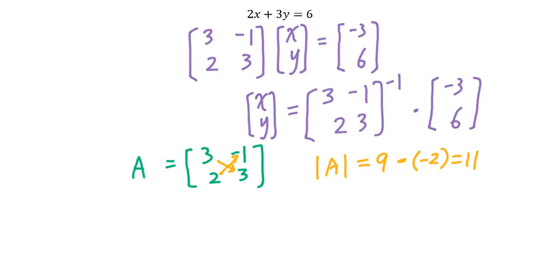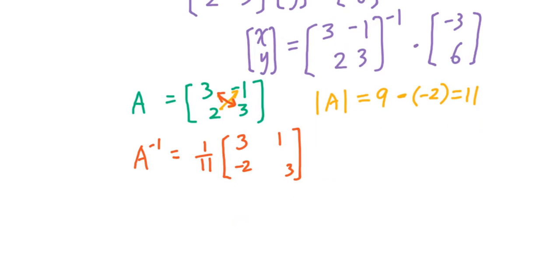Therefore, the inverse of this matrix A equals 1/11 times: 3 and 3 will be switched, and 2 and -1 will get the opposite signs.